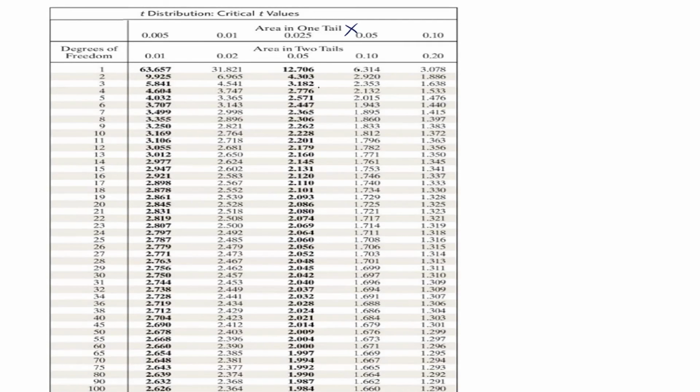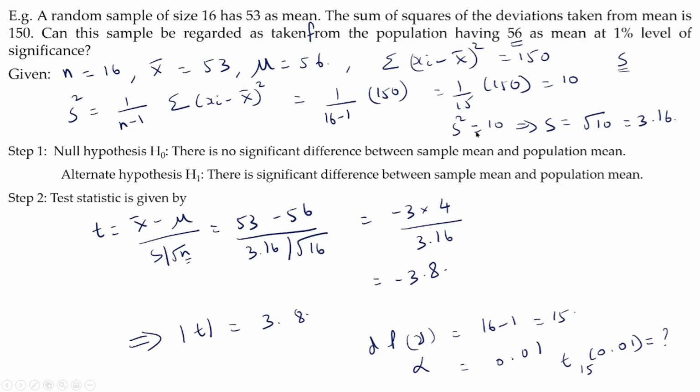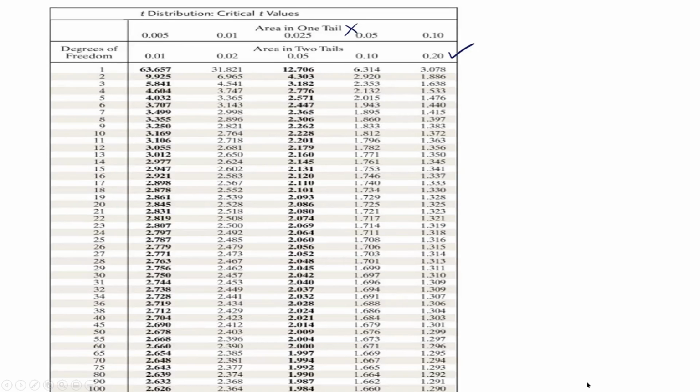So here we have to see this row. So here we have to find the table value for t, the critical t value for 1% level of significance and 15 degrees of freedom. So this is 1% level of significance, and here we have 15 degrees of freedom.